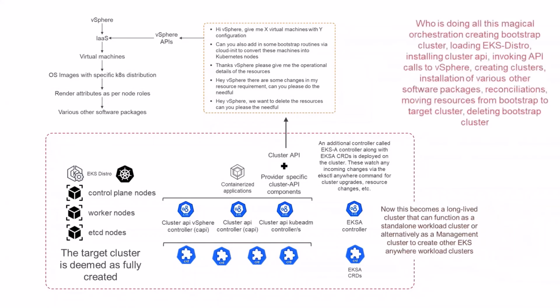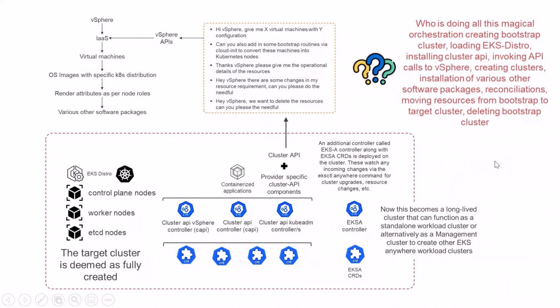Okay, so now the big question. Okay, the big question is, and I've kind of made it a little bigger here. Who's doing all this magical orchestration of creating the Bootstrap?